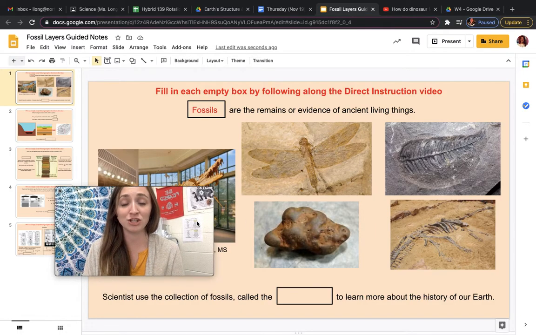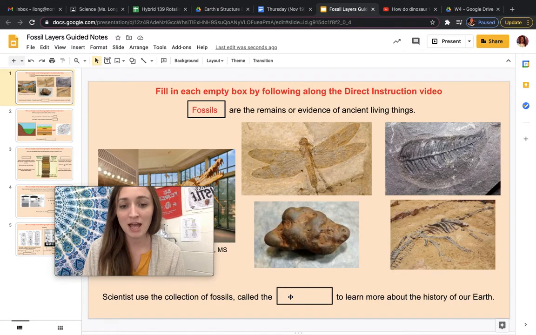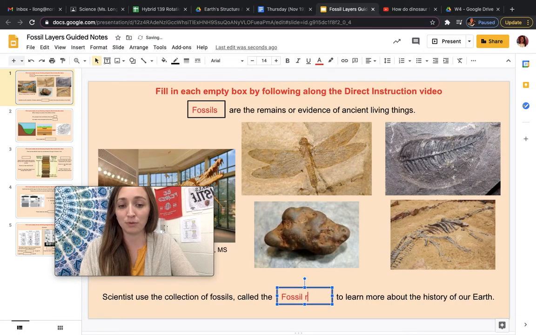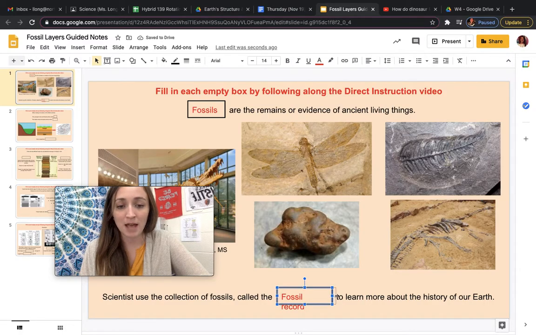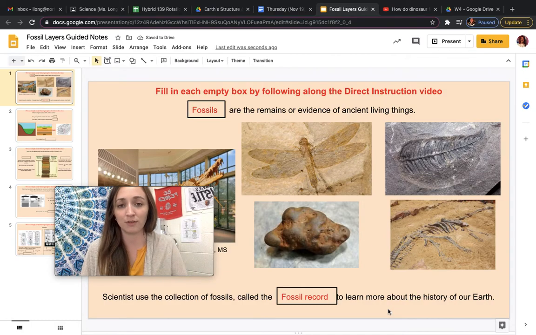So we have a giant collection of all the fossils we've ever found, and we call this the fossil record, just the record of fossils. That's pretty easy. And we use our fossil record to learn more about the history of Earth. So if we see that certain living things were around during a certain time period, we can draw this beautiful picture of what life looked like here millions of years ago.